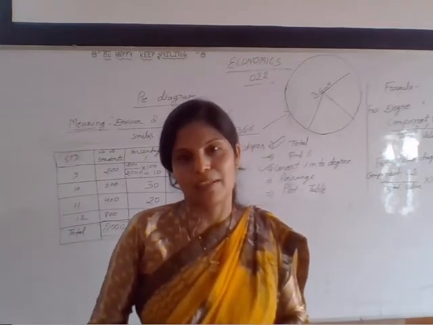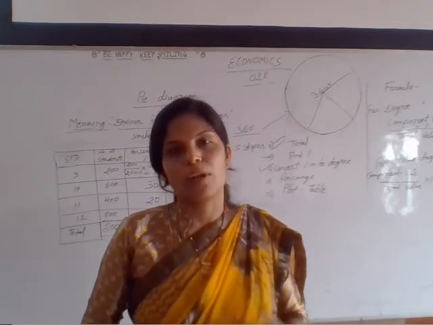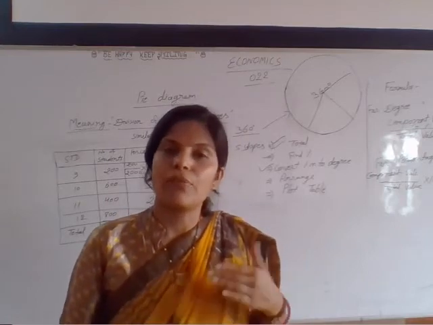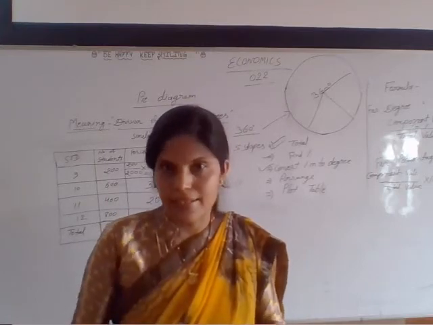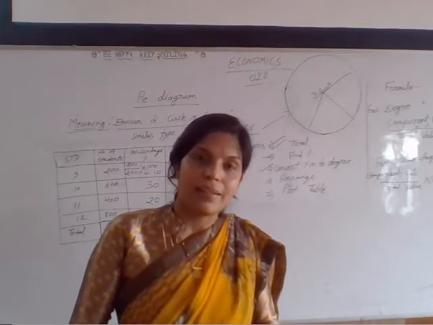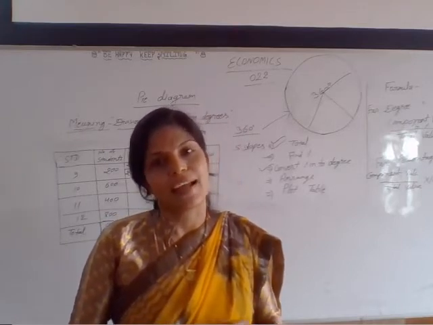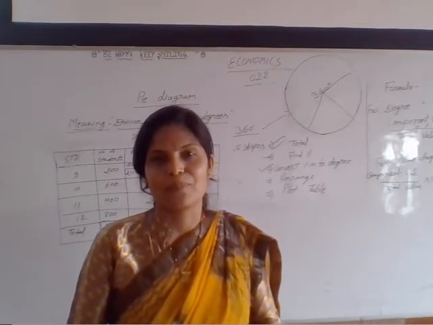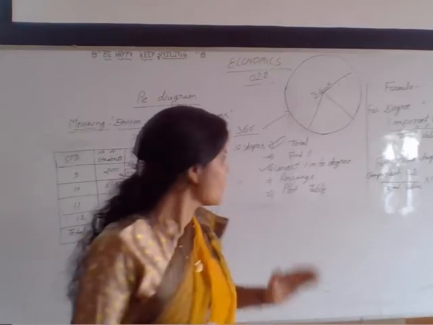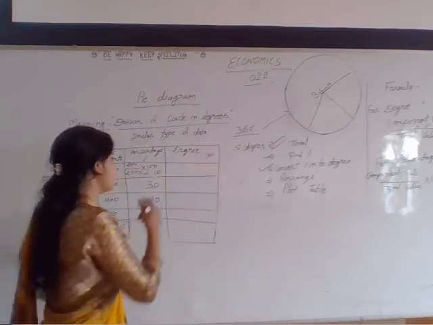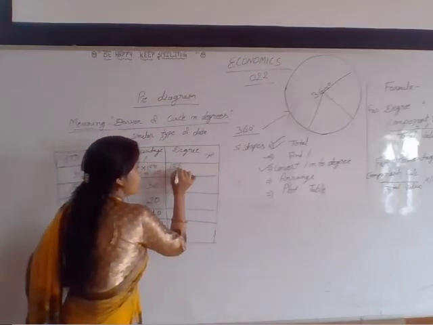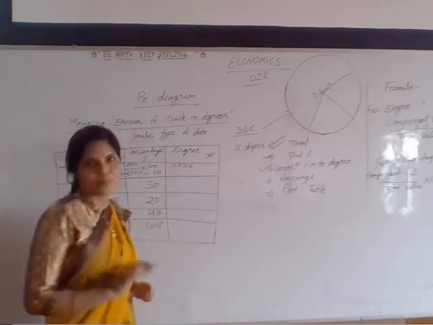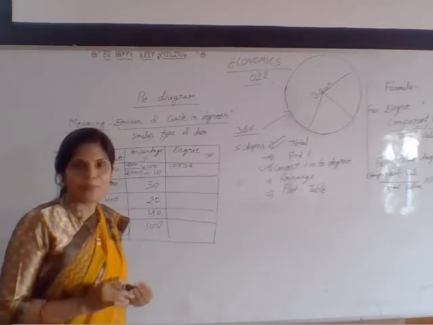What is the shortcut method? In our textbook, the formula given is component value divided by total value multiplied by 360. Instead of that, if you want, you can use the next method. That is very short. What is the next method? Percentage multiplied by 3.6.